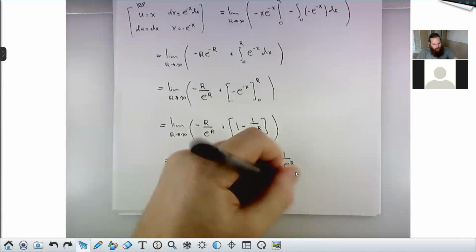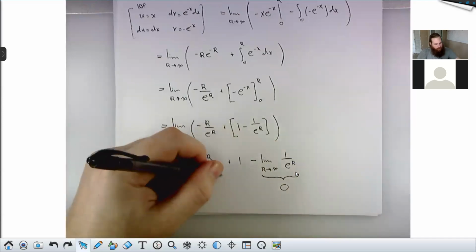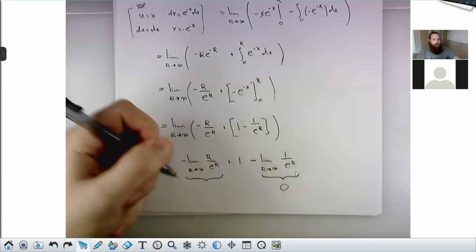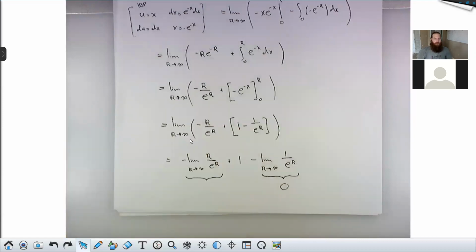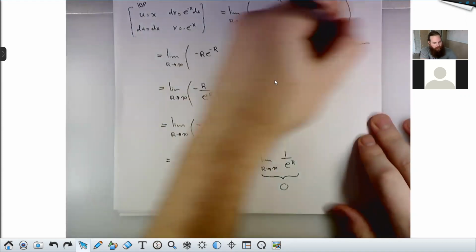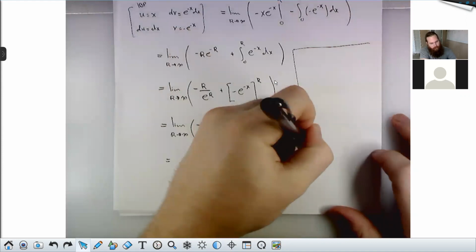This is 0. What about this guy? How do I send r to infinity in this expression? The top and the bottom both look like infinity over infinity. L'Hopital's rule, very good. So I'm going to come off to the side here and do a little L'Hopital calculation.